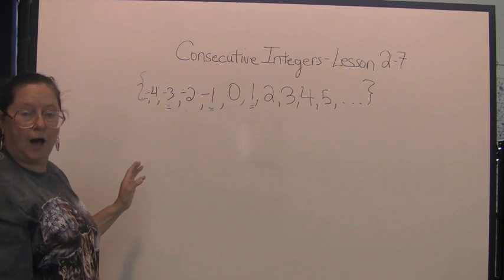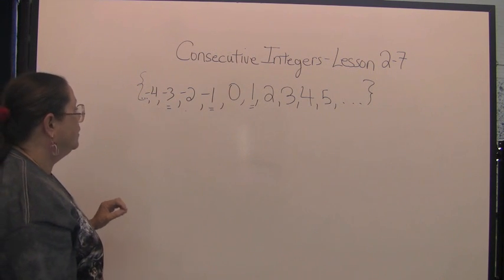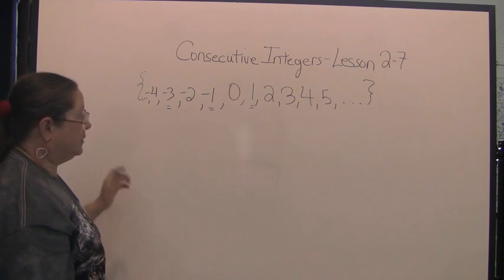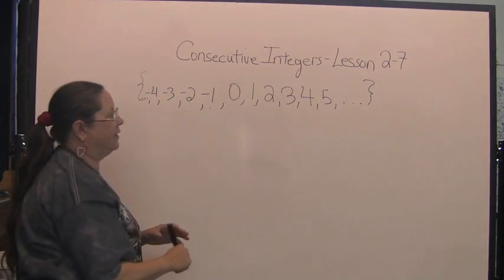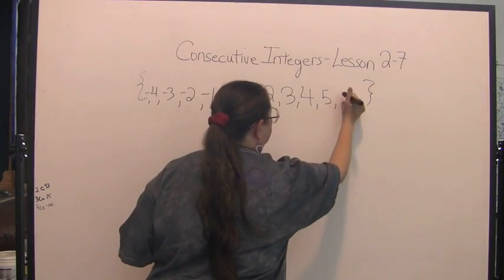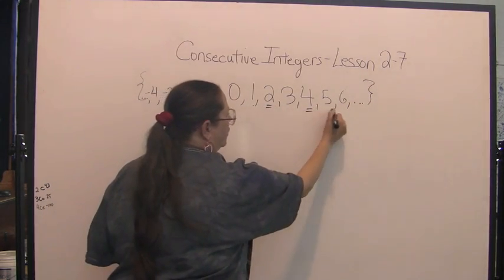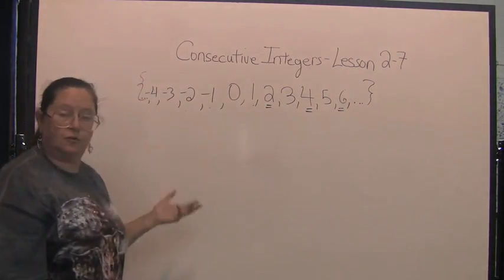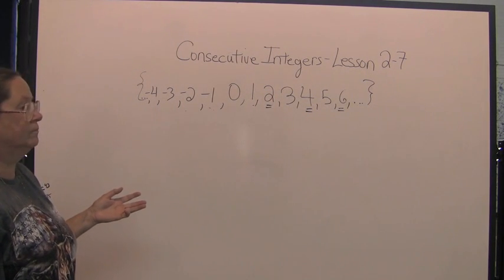Those are 3 consecutive odd integers. And then we might have consecutive even integers, so if I had 2, 4, 6, those are 3 consecutive even integers.